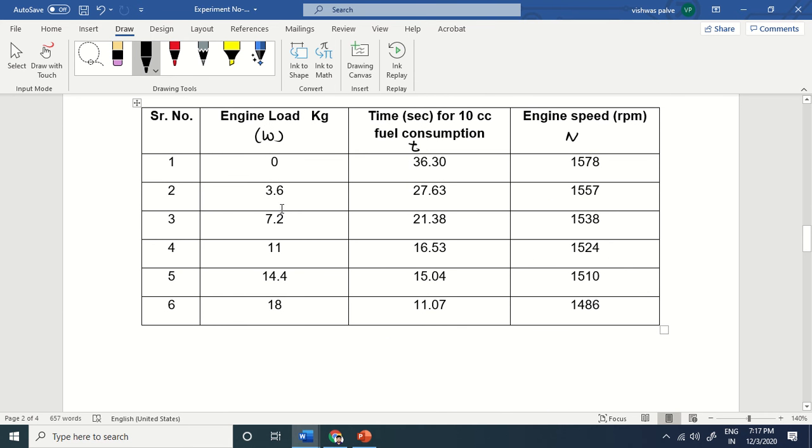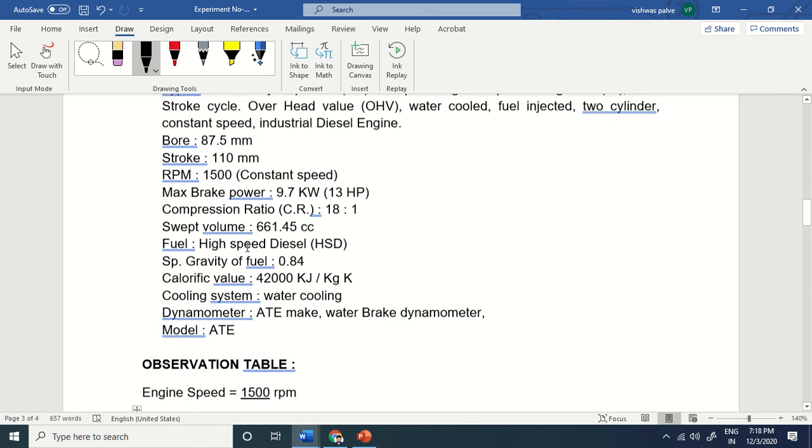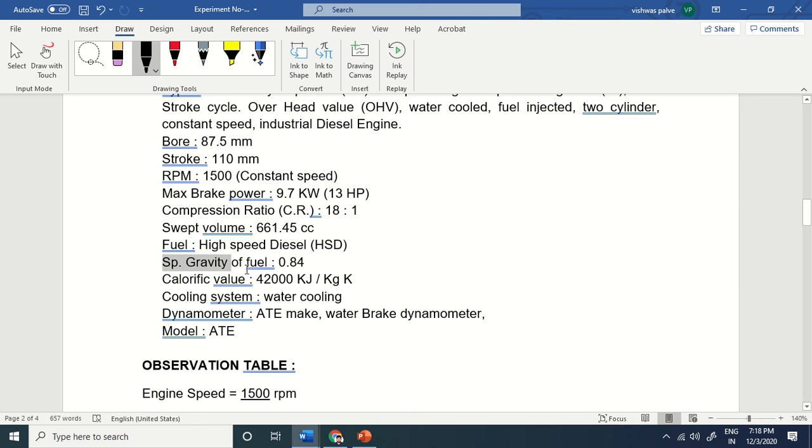For the second reading, we take the same 27.63, multiplied by the specific gravity of fuel, that is diesel, 0.84, divided by 1000. Now where did we get this specific gravity? You have to refer to the annexure, that is the specification, where you can see the specific gravity of fuel is 0.84.